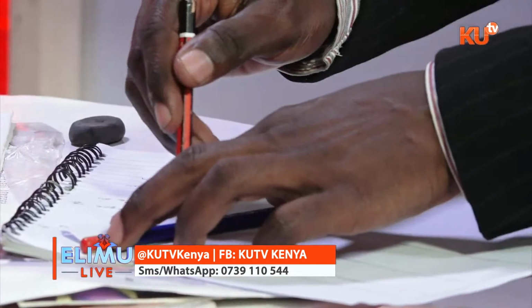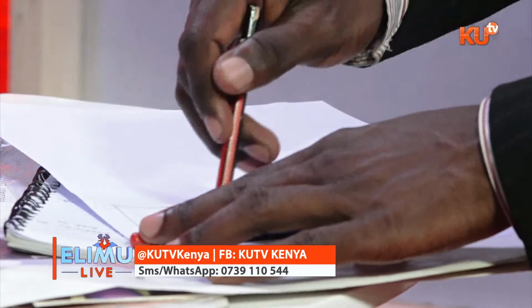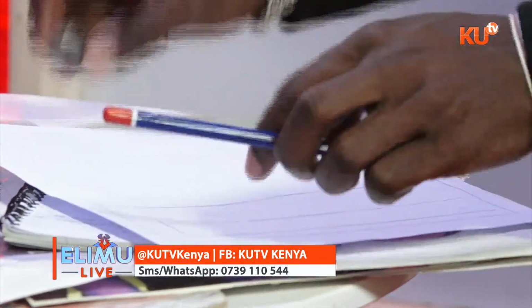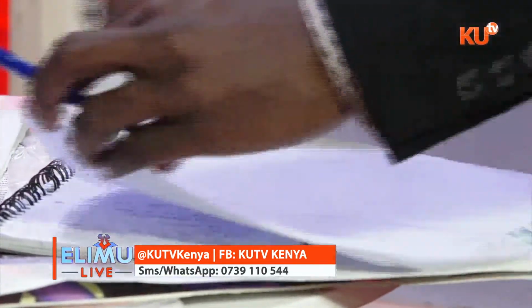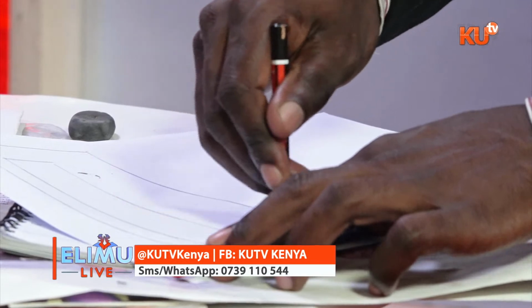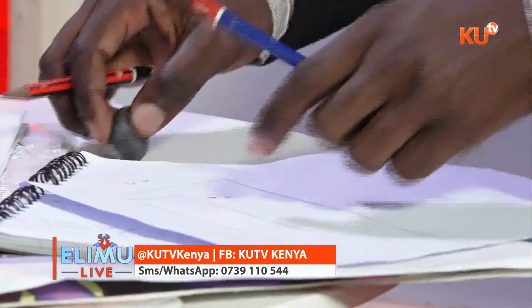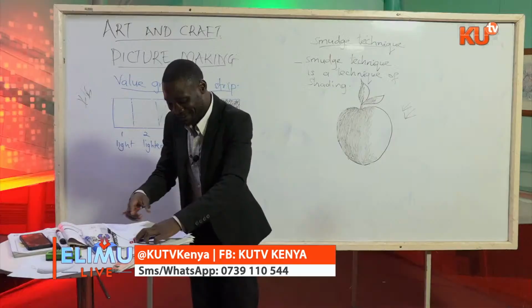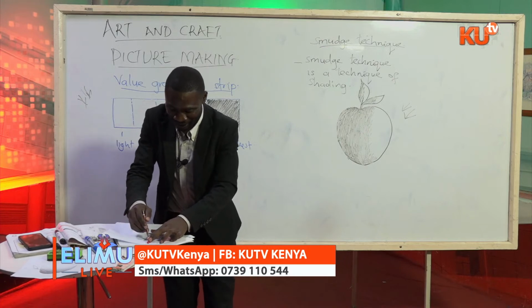Five strips, and like I said earlier, we use a rubber. Now this one looks like a rental house where you have 5 rooms. So the first room is here.